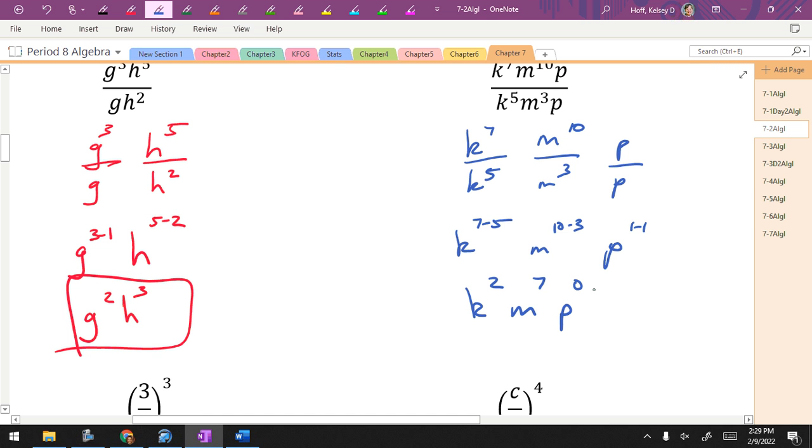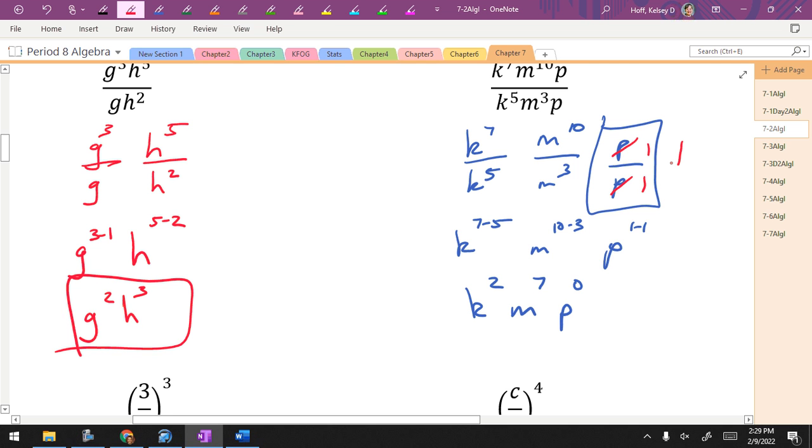What did we learn last week? Anything to the 0 power is 1, and here's why. Remember when you asked me why? Why, Miss Hoff? That doesn't make any sense. Right here, what's going to happen? Up above, we said they would cancel, right? This P cancels this P, really turning them to 1 over 1, which is 1.